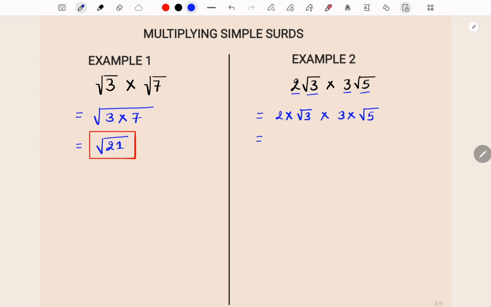We have 2 times 3. 2 times 3 is 6 multiplied by root 3 and root 5. Now using the rules that we just learned, I can write it as 6 times square root of 3 multiplied by 5. So it will become 6 times square root of 15. 6 times square root of 15 is 6 root 15.